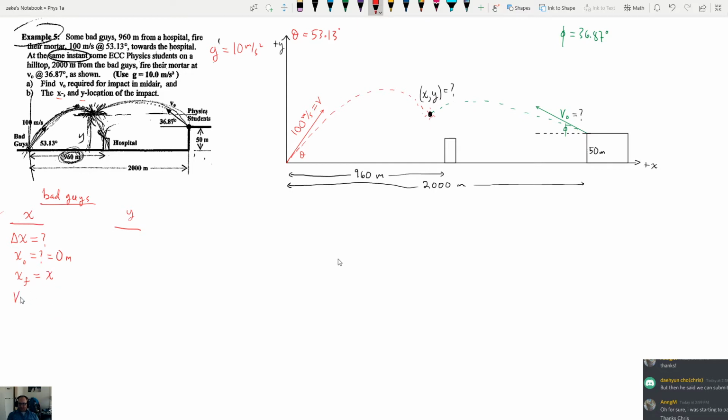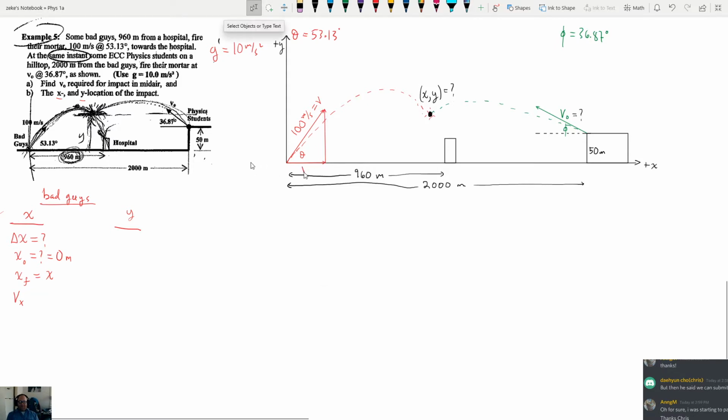There's also going to be an initial velocity in the X direction, or just the X coordinate of the velocity. That can be found, of course, by breaking up this velocity here into components. Always one of the most important things to do with these problems. So let's do it. There's going to be an X component that points this way, and then there's going to be a Y component that points straight up. Like that right there.